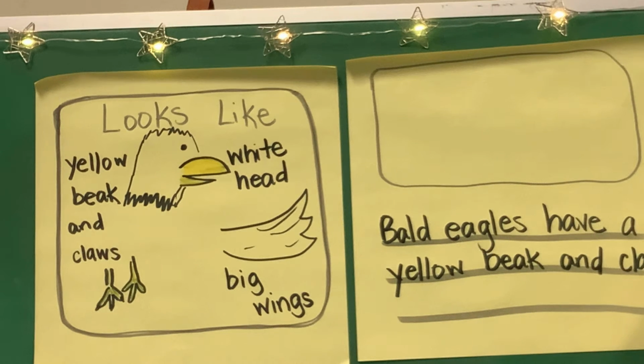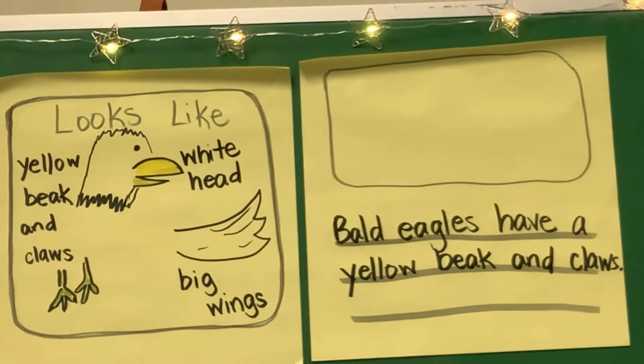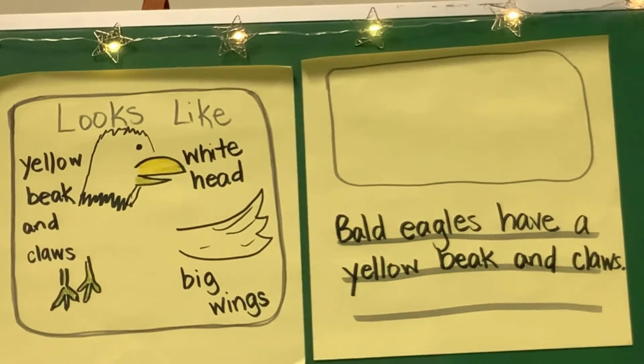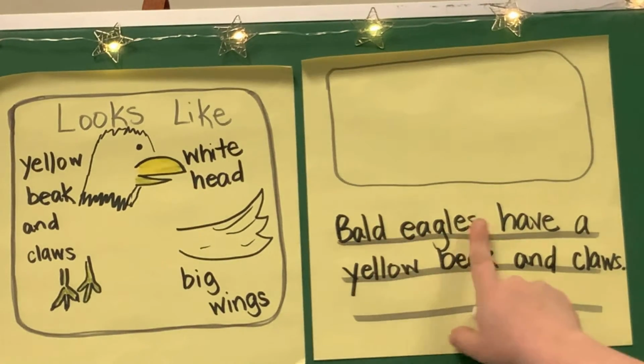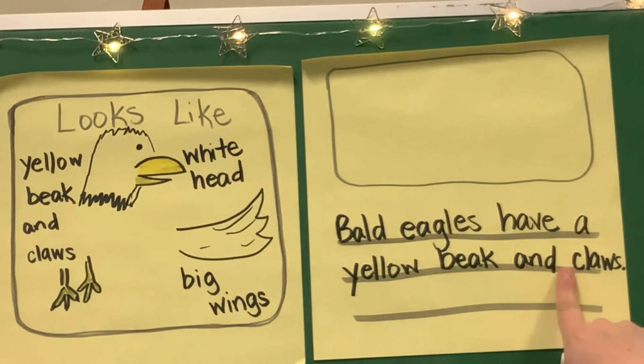Oh, I kind of squished that in there. That's all right. Bald eagles have a yellow beak and claws. I put a period, I put a capital letter at the beginning. Oops, let me scoot back a little bit so that you can see that. There we go. See, I have a capital letter at the beginning, I have good spaces in between my words, and I have a period at the end. We have to have that punctuation, that's important.